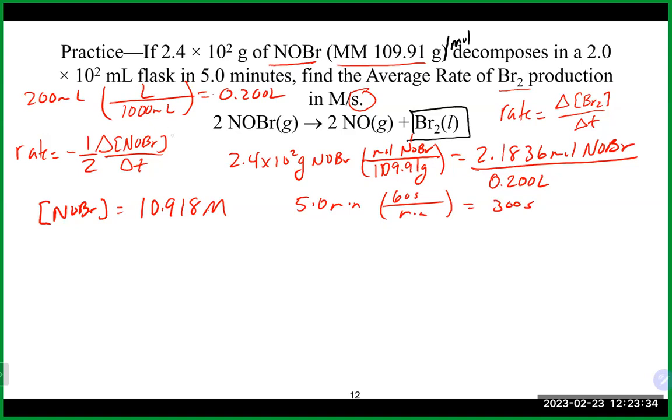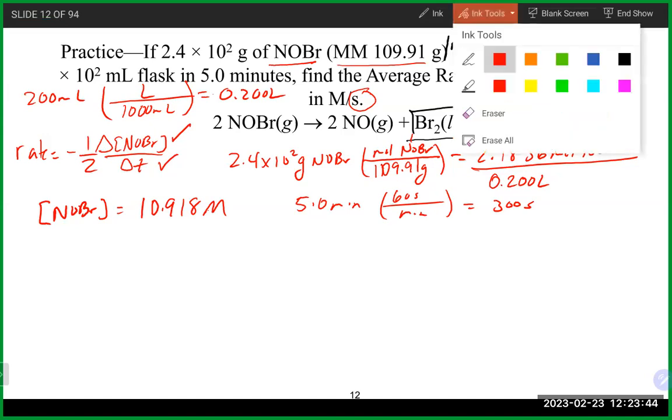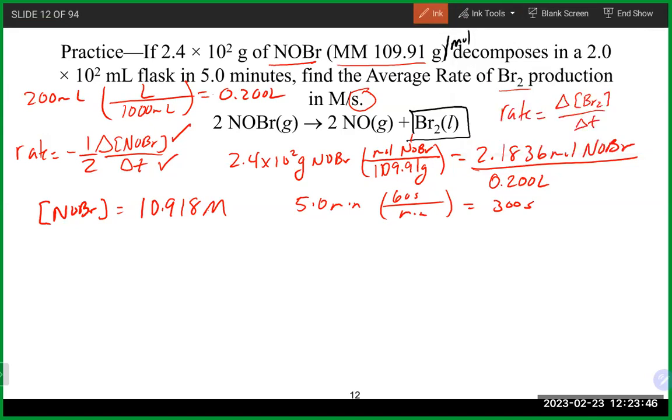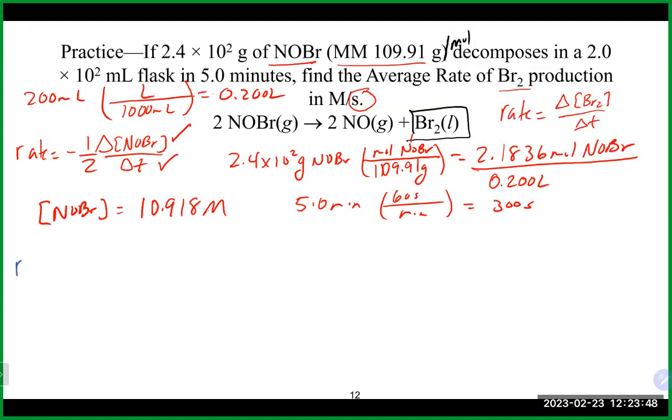So now that I calculated the molarity and the time that changed, I really have everything I need on the right-hand side to put it into the rate expression for the NOBr. And if we do that, the rate would equal -1/2, -10.918 divided by 300 seconds. Why did I make it negative?